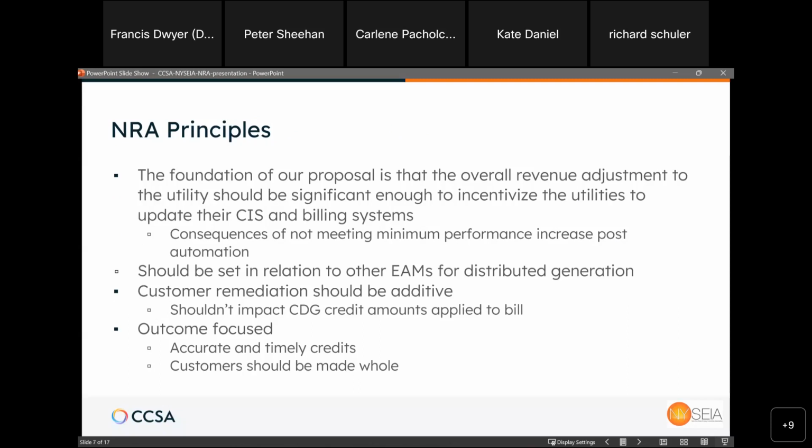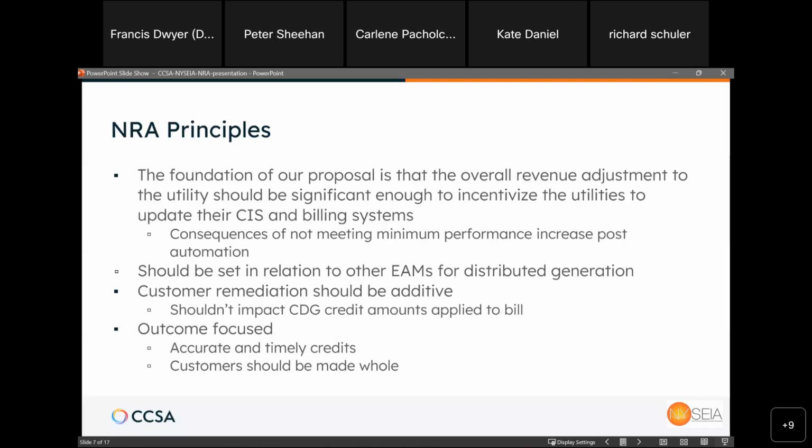Given the promise of automation to streamline a lot of these processes and reduce human errors, we are proposing that the consequences of not meeting the performance metric should increase in a post-automation world.